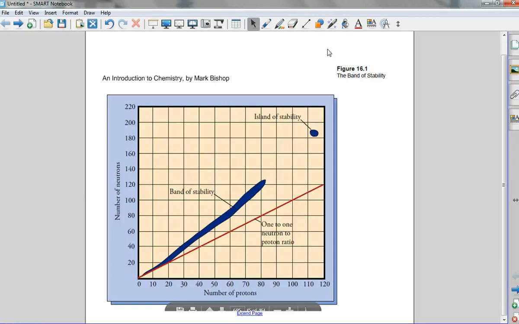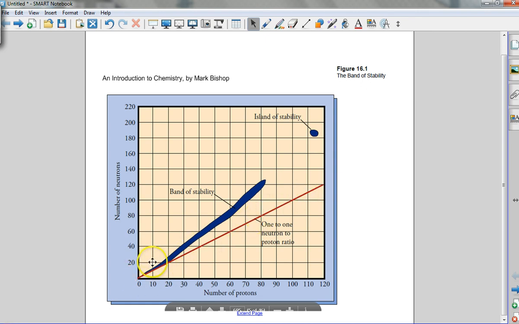So in this particular table, taken from a book called An Introduction to Chemistry by Mark Bishop, which is actually an online textbook, and you could check it out, in chapter 16, where he talks about radioactivity and nuclear chemistry, he has this table where he shows, if you were to have a certain number of neutrons and a certain number of protons, this red line shows a 1-to-1 ratio. So if you have 20 protons and 20 neutrons, you're falling right on this line.